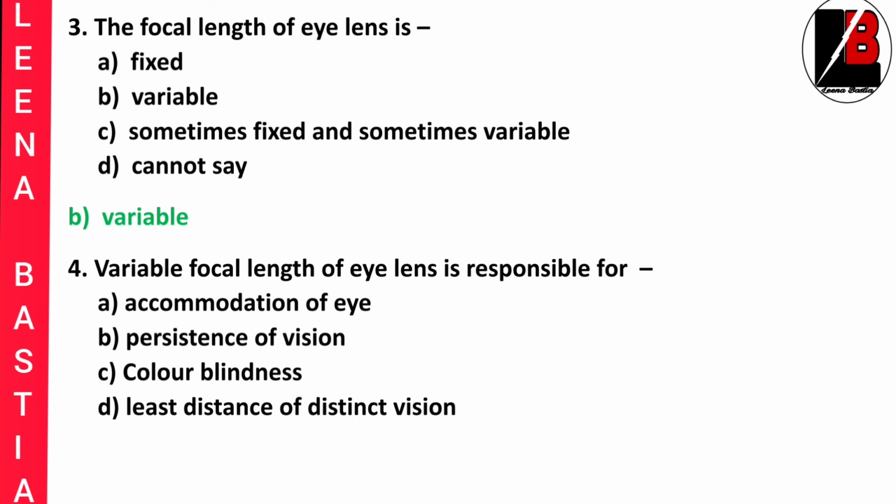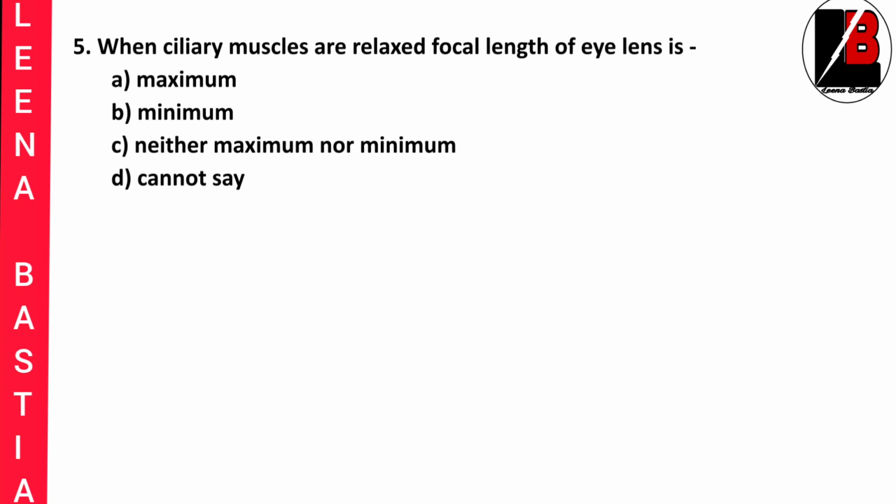Next question, question number 4. Variable focal length of eye lens is responsible for, option A, accommodation of eye, B, persistence of vision, C, color blindness, D, least distance of distinct vision. So the answer is, it is accommodation of eye, which is in option A. So next question, let us see what it is saying.